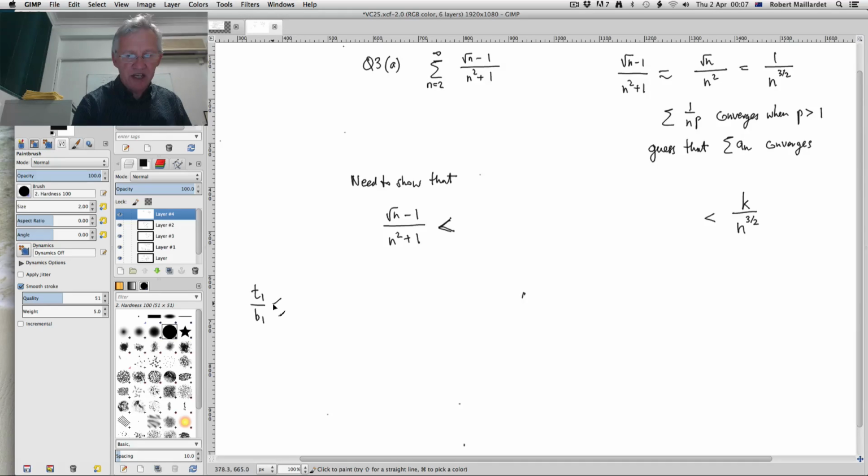I want to be less than. Well, if I'm not going to touch the bottom, and I want to write another fraction, clearly I have to replace the top by something else, T2, so that T1 is less than T2. In other words, I need to make sure that the top gets bigger.